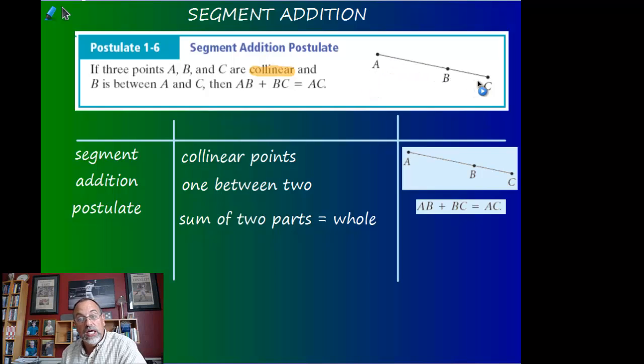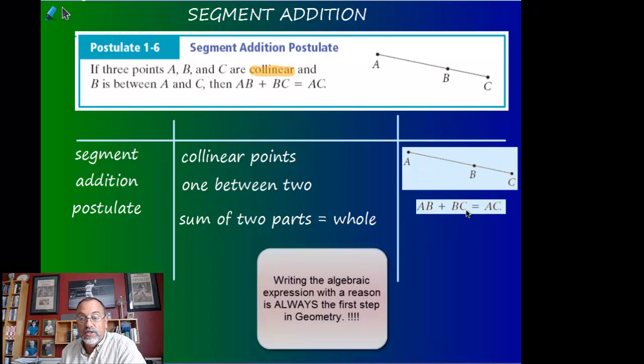Whenever I look at a line and I see three points on the line and one's in between the other two, I think, oh, well, those two parts, add them together, equals the whole thing. And because I know that, I can write this mathematical expression: AB, that's this segment here, plus BC, this segment here, is equal to AC, the entire length.